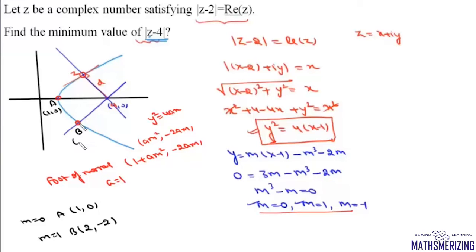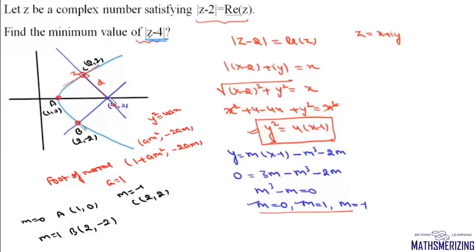So B is (2, minus 2). And then we'll find this point which is C when the value of m is minus 1. So we'll put m as minus 1, and we'll get this point C as (2, 2).